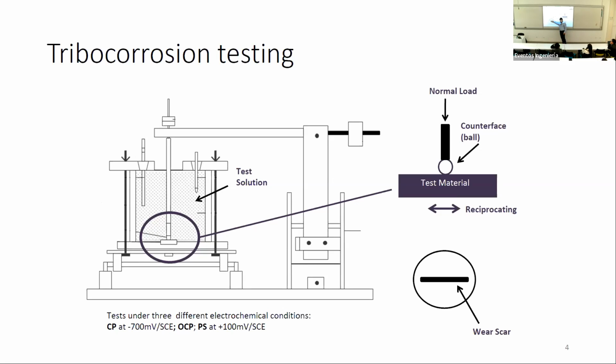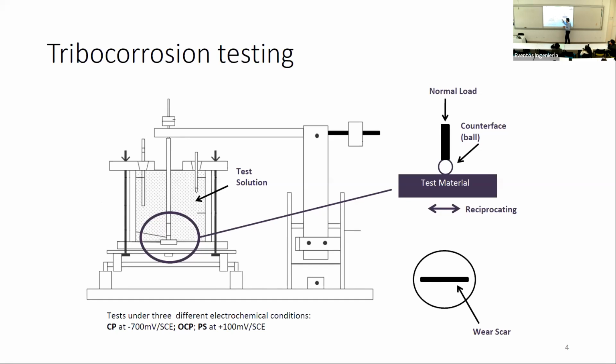We can measure the open circuit potential, or we apply some positive potential to encourage corrosion and give us the ability to measure how much material is being oxidized during the test. So we can do tests under cathodic protection. So under this test, we are not allowing the metal to oxidize.